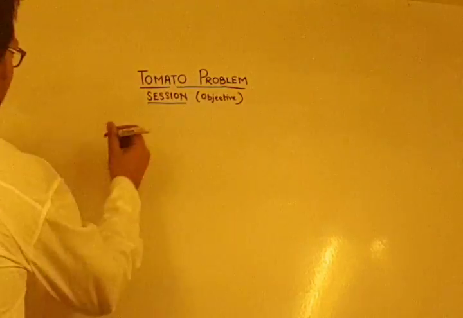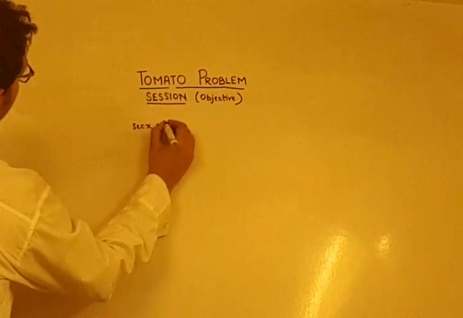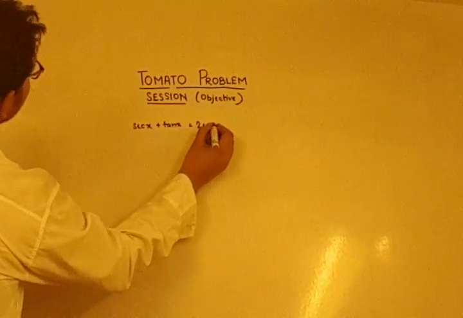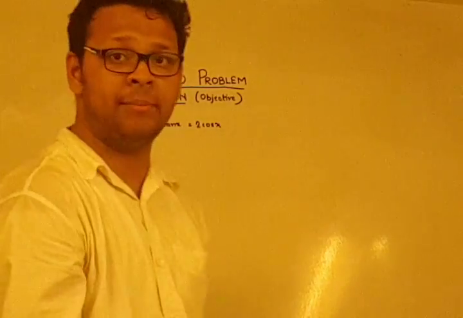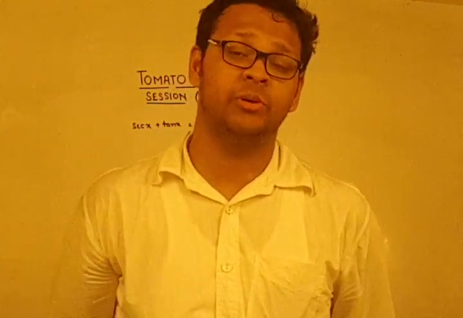So what was the equation given? Sec x plus tan x equals 2 cos x. This is the mother equation. Remember that the equation you start with is the mother equation, and when you manipulate that equation, multiplying or dividing anything on both sides, that is the manipulated equation.